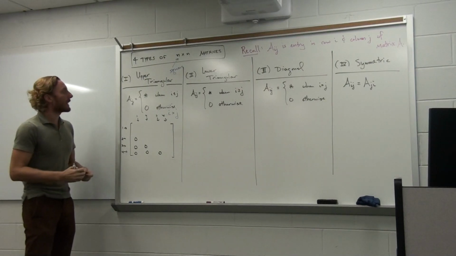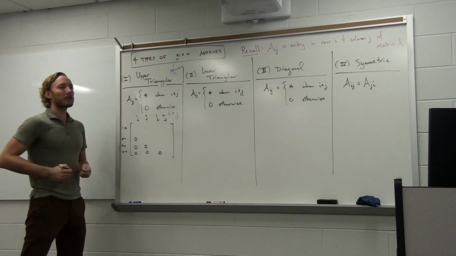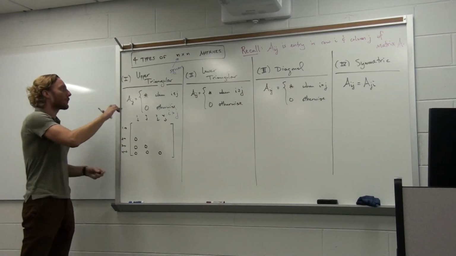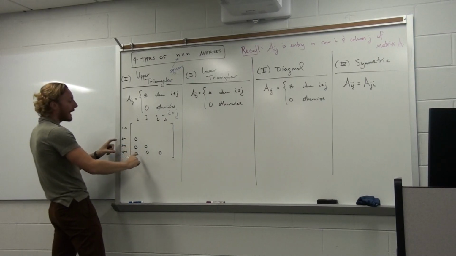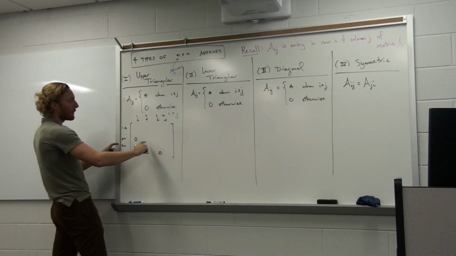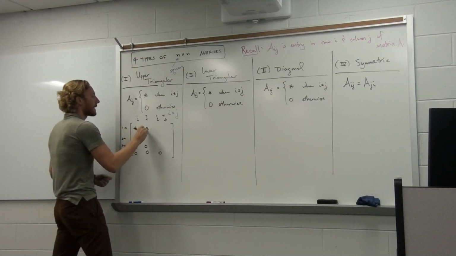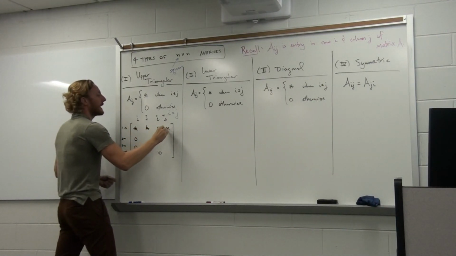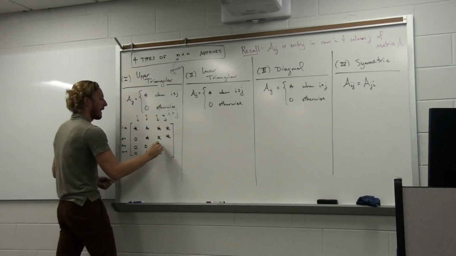Because again, to be an upper triangular matrix, the entry is forced to be 0 when the row number is bigger than the column number, and otherwise the entry could be anything. So that means we've now accounted for all of the positions that are forced to be 0, and the rest could be anything.